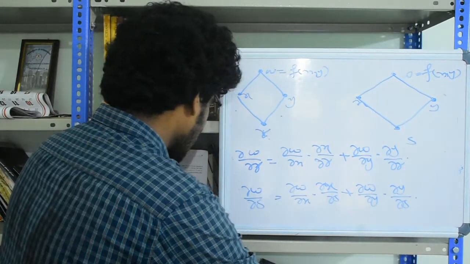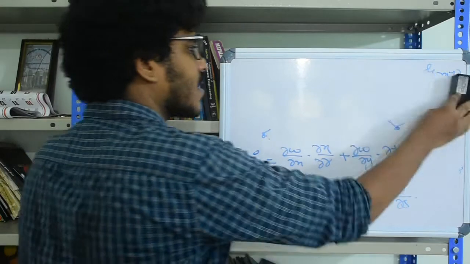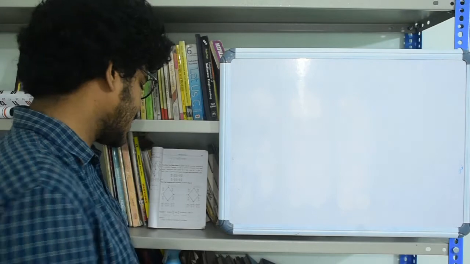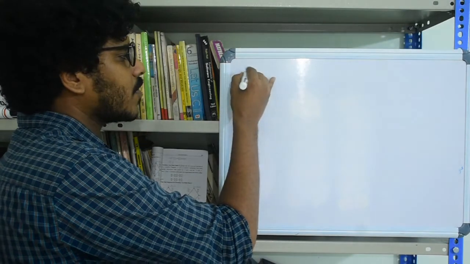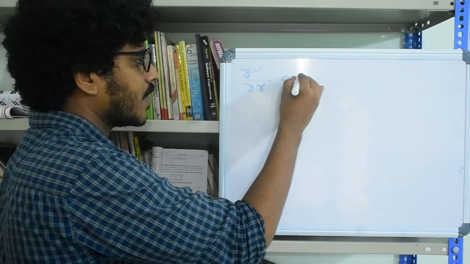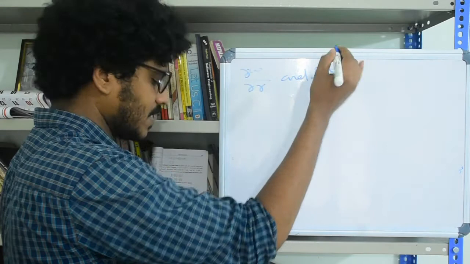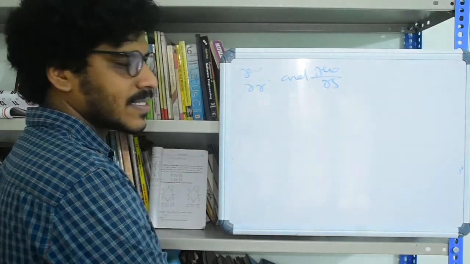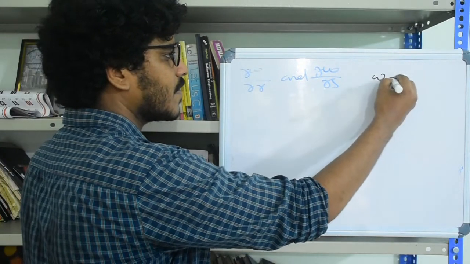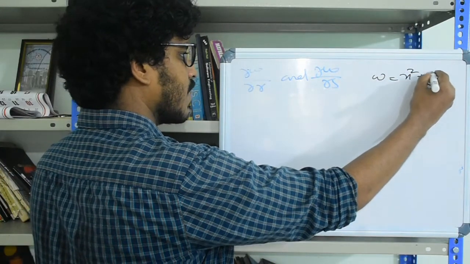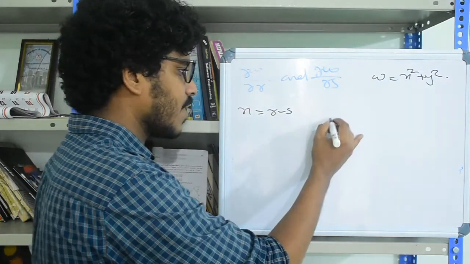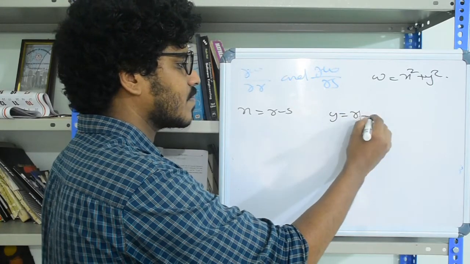Right. Now for the sake of practice, let's see an example. All the examples from this section are kind of easy ones. So find dou w by dou r and dou w by dou s in terms of r and s, if w equal to x square plus y square and x equal to r minus s and y equal to r plus s.